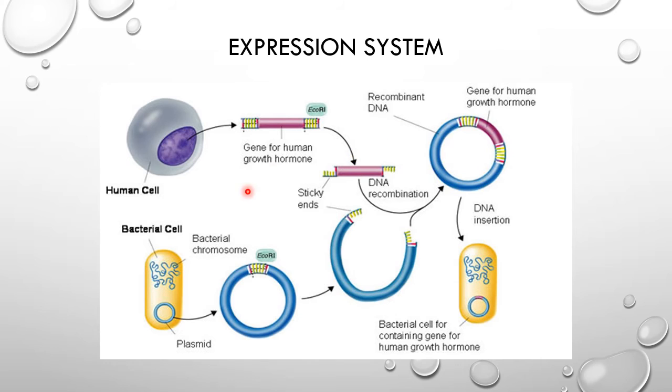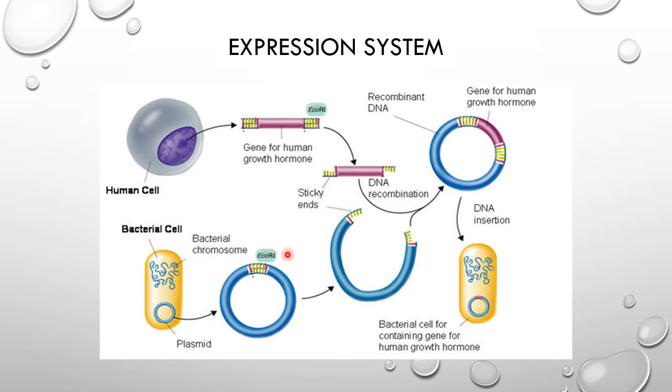Then there is a bacterium with a plasmid, and we isolate the plasmid from the bacteria and also cut it at the specific sequence with EcoR1.